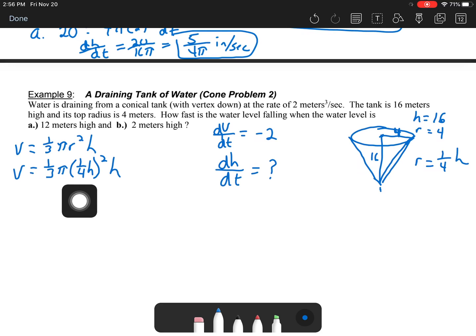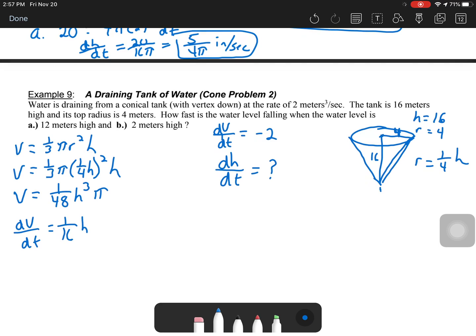And so that's going to be 1/48 h cubed. Hopefully you can see that, and then with the pi in there as well. So V equals 1/48 pi h cubed. Okay, and so now the derivative shouldn't be too difficult. dV/dt: if I take the derivative and multiply that 3 down, which would be 3/48, that'd go to 1/16.